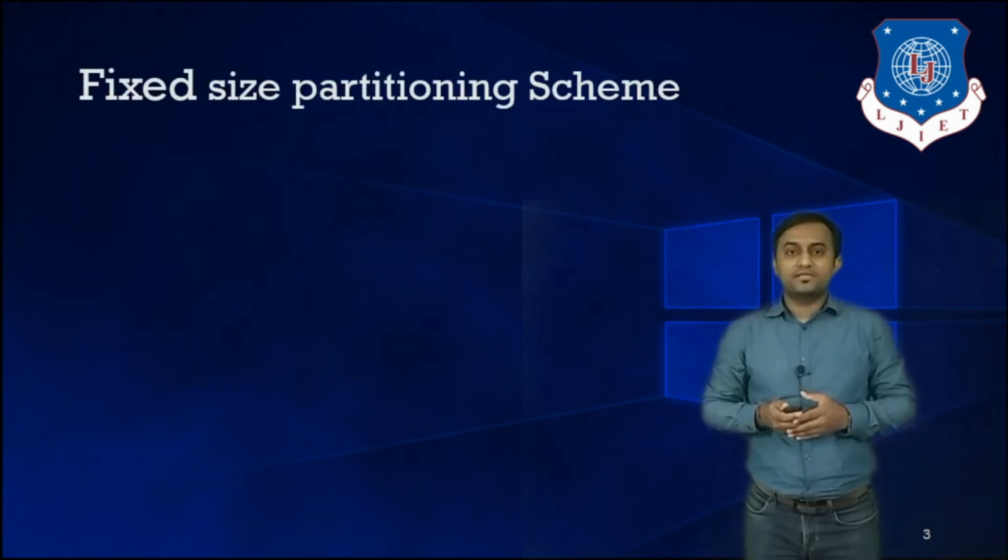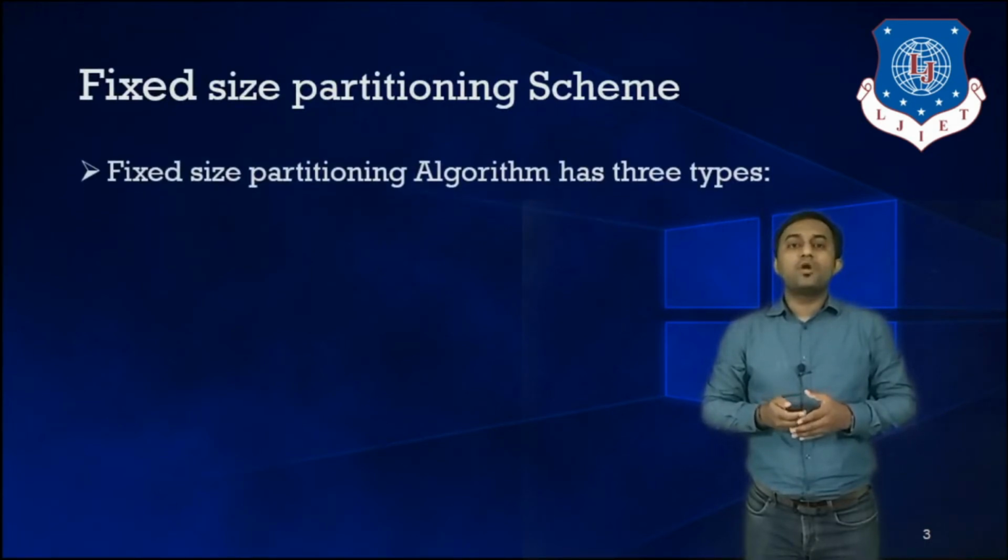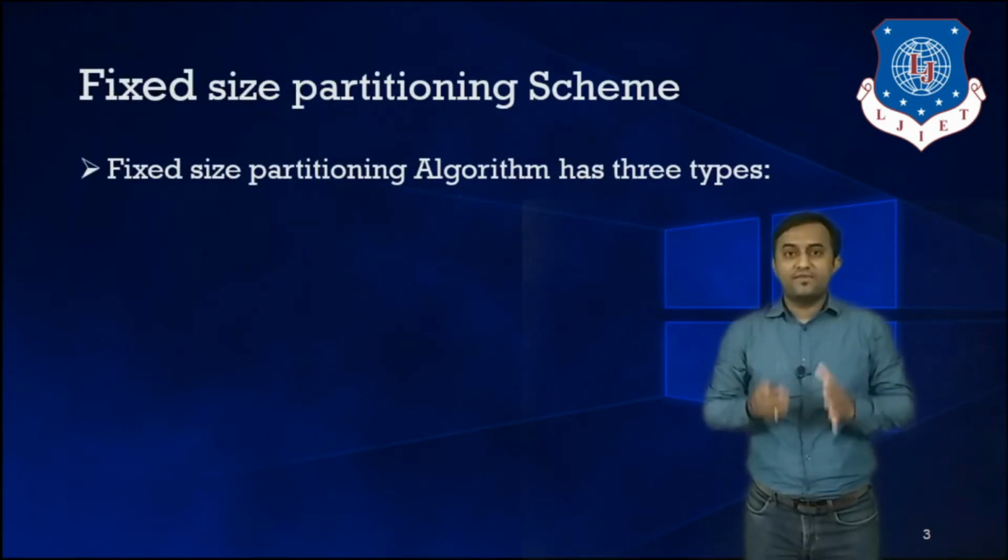So in this particular scheme, as we have discussed the standard algorithms of variable size partitioning scheme, in which we have discussed first fit, best fit and worst fit algorithms, same way, in the case of fixed size partitioning scheme, with respect to contiguous memory allocation, again we have the same three standard algorithms.